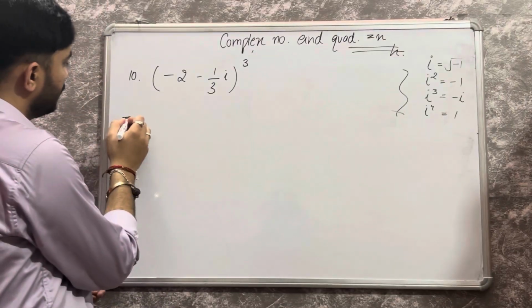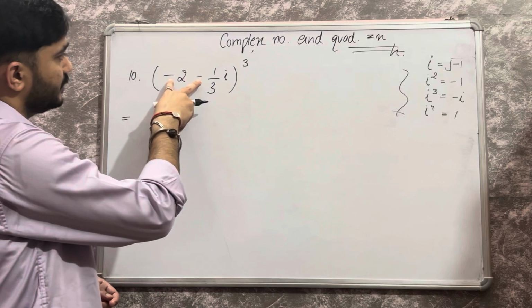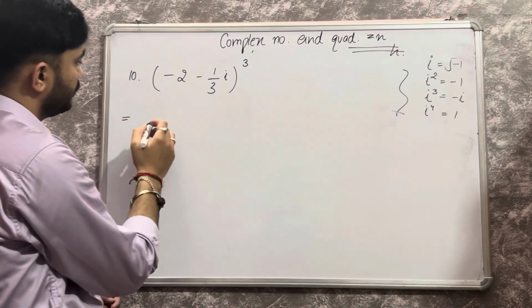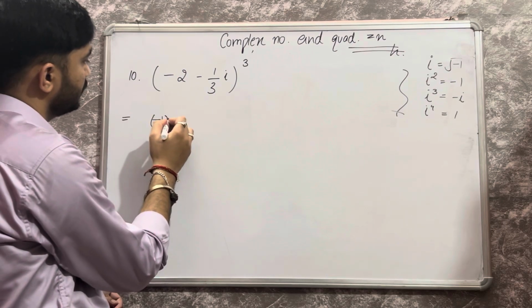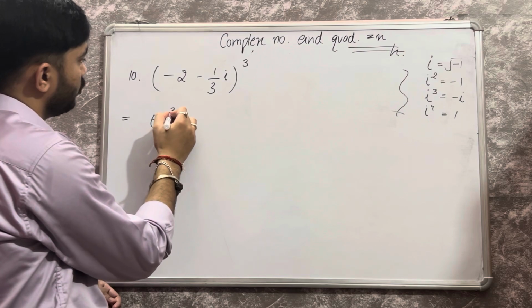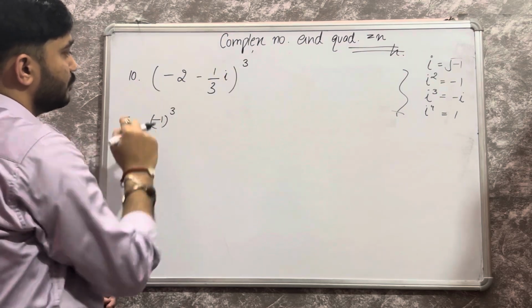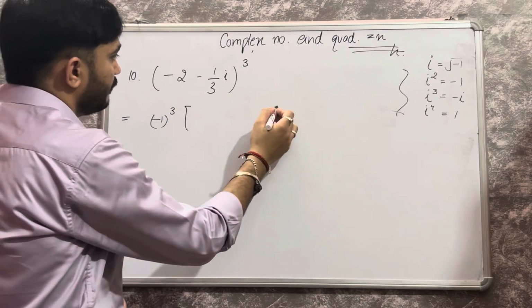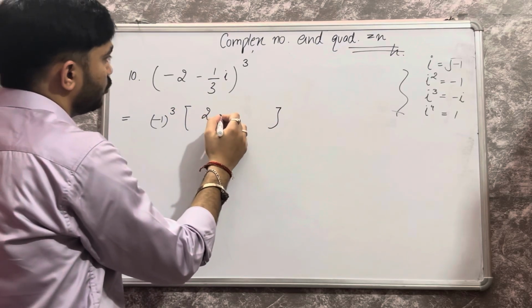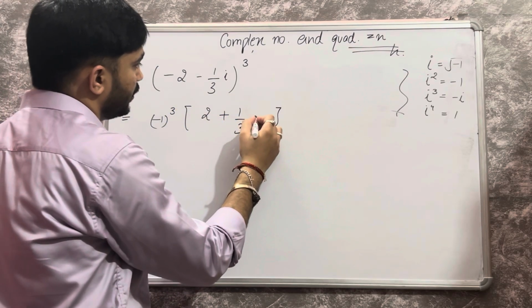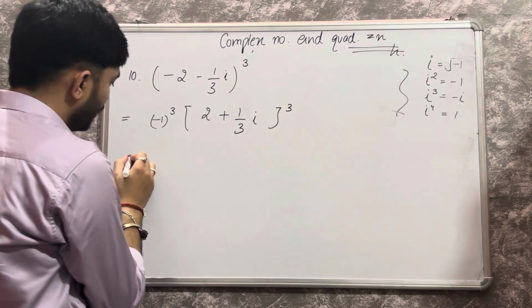So here, firstly, take this minus out of the bracket. So we will have minus 1 cube, because we are taking minus 1 common, the cube will also come with it. And we will be left with 2 plus 1 by 3 iota whole cube.